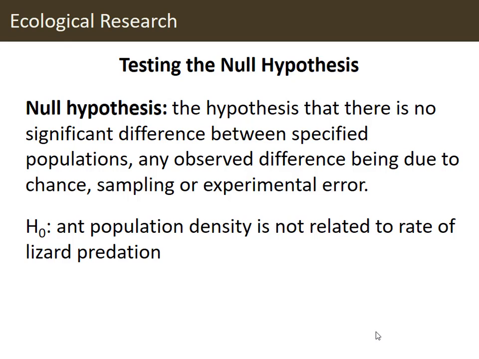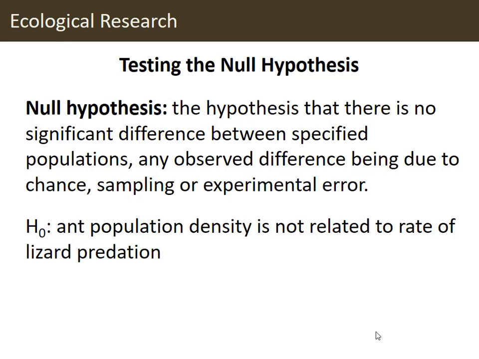I don't think I have talked in many of my classes about the null hypothesis. We just talked about this a little bit in Bio 2 today. In statistics, you talk about it extensively. The null hypothesis is essentially the hypothesis that there's no significant difference between specified populations. So any difference that exists is due to chance or some sort of sampling or experimental error, as opposed to a biological mechanism.